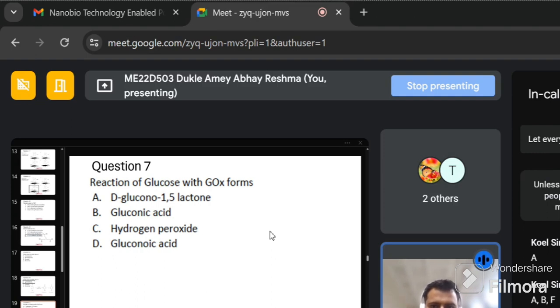Now there will be other materials coming in. In the presence of glucose oxidase, glucose transforms to gluconolactone, and it produces gluconic acid and hydrogen peroxide.